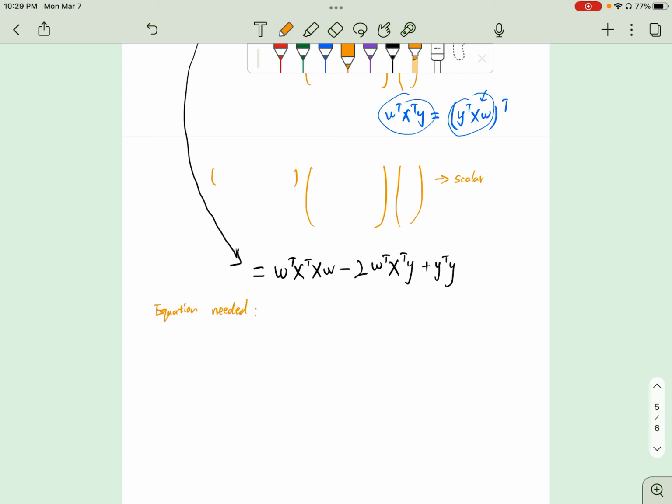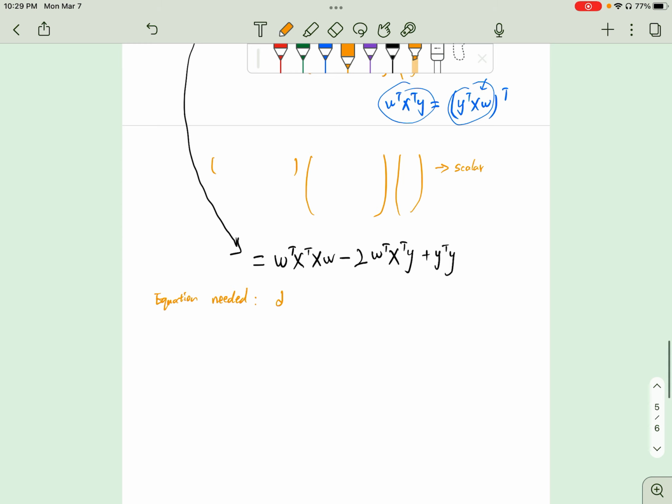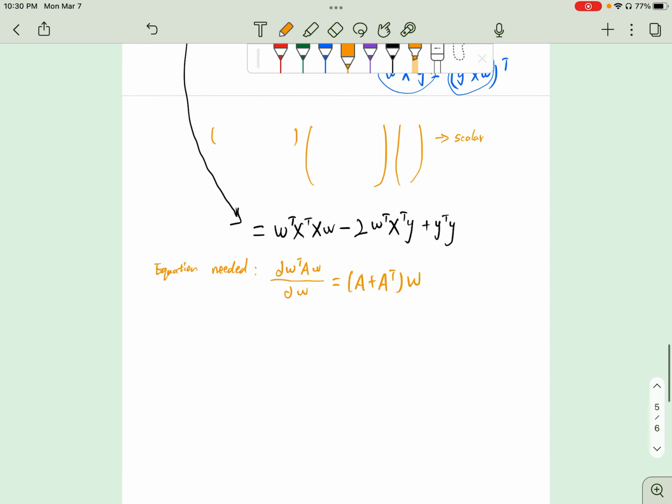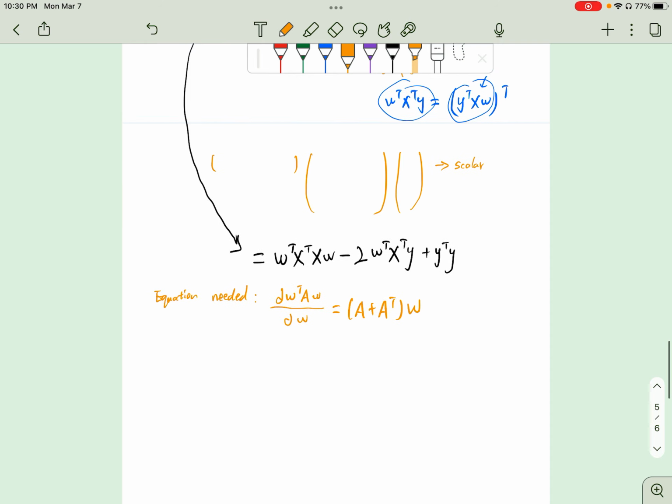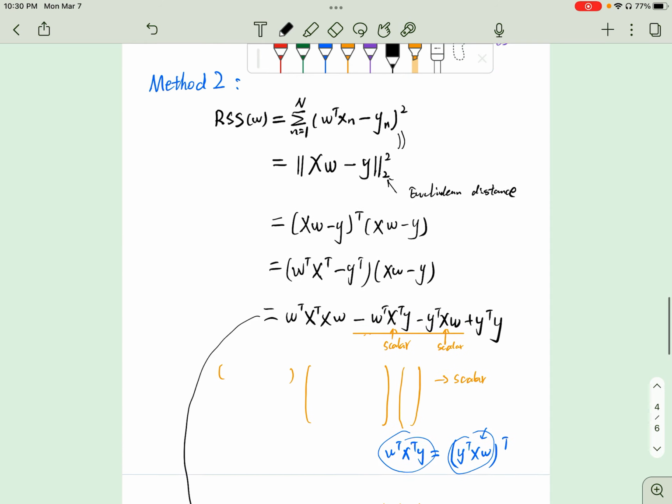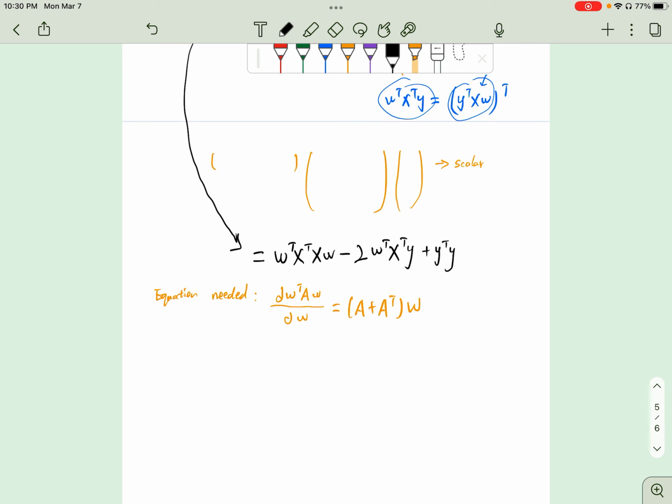We will use this equation here: if I have omega transpose A omega, and we take a partial derivative over omega, it will be equal to (A plus A transpose) omega. Why do we need that? Because this is our loss function.